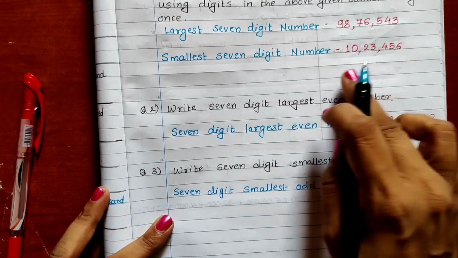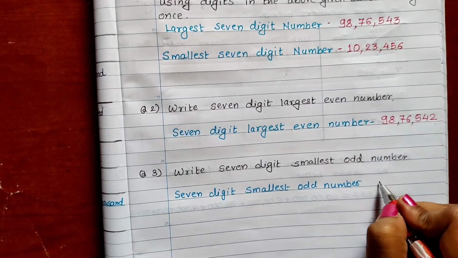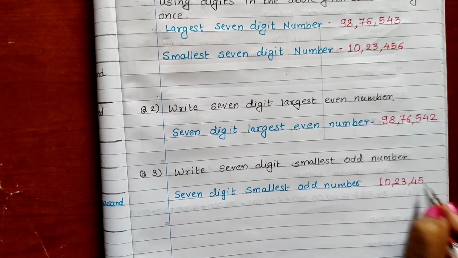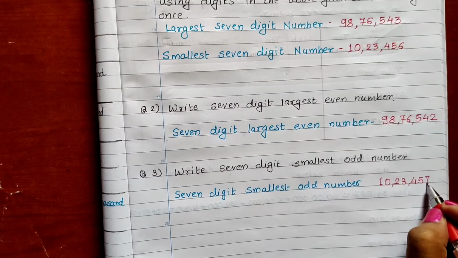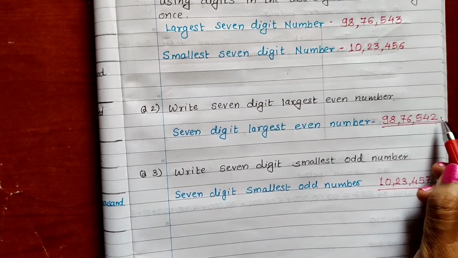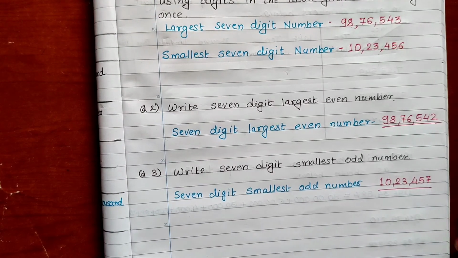From this number, how can you write it? 10,23,456. In place of 6, if I write 7, it will become an odd number. Correct? So depending upon the unit place digit, the numbers become odd and even.